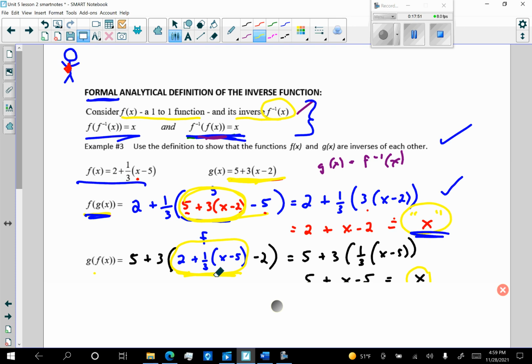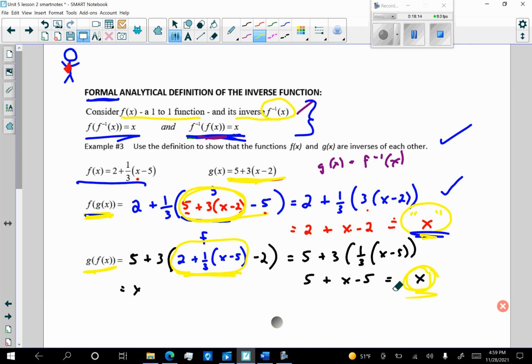I'm going to put f in there. And again, I have 2 minus 2 is 0, and I have 3 times 1/3, which is 1. What do I have? Looks like I have 5 plus x minus 5, which is x. And that's very nice. So now I have f of g is equal to x, and I have g of f is equal to x.